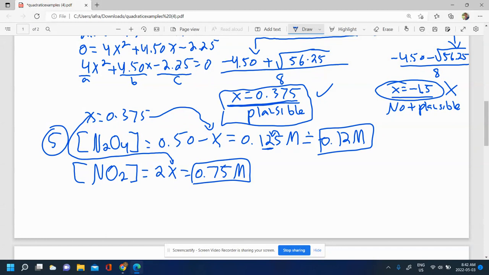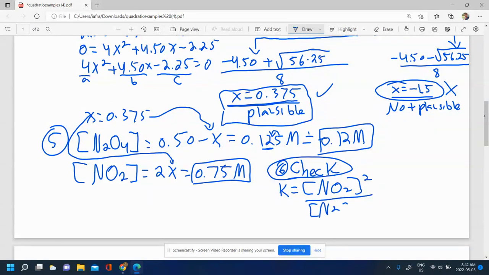To check your work, you can plug the numbers you got into the equilibrium expression that you came up with and see if you get the K value given in the question. So I use the unrounded values. So for NO2 it was 0.75 squared over the N2O4 0.125, and we get 0.75 squared divided by 0.125.